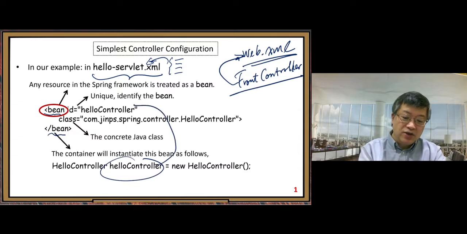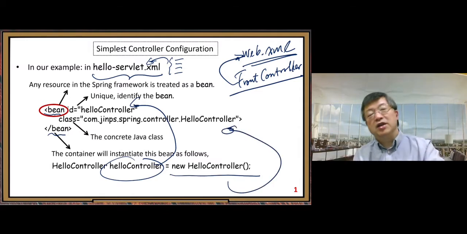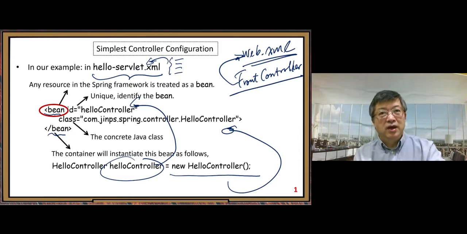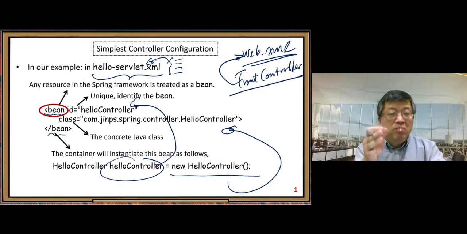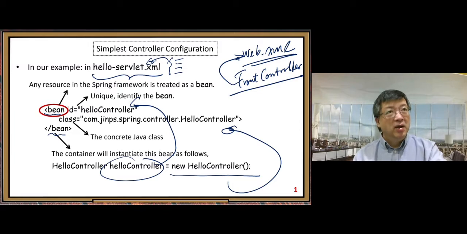You see this corresponds to the reference, the ID. Constructor comes from the class. You tell the name of the class. All right. So you can see that's the simple configuration of our first controller. But later, when we do things more and more complicated, you can see the configuration could be more and more complicated.